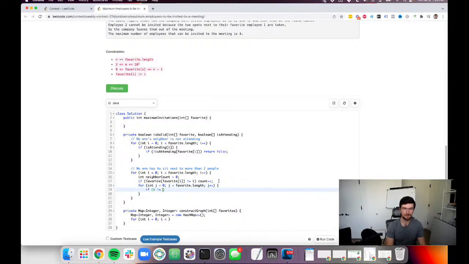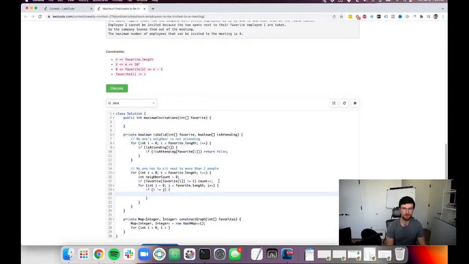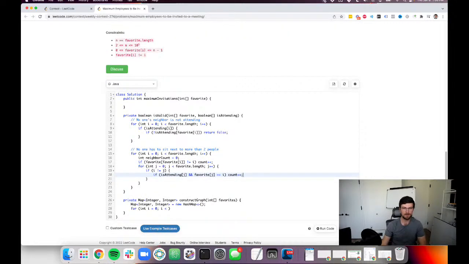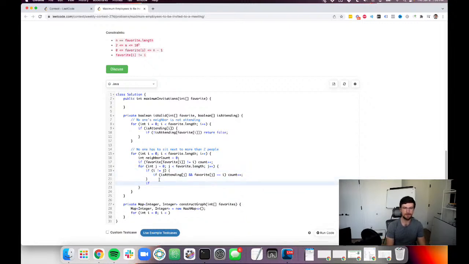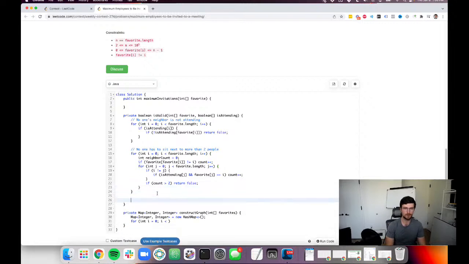If I is not equal to j, because we skip it when they're the same one, then I'm going to go through and count. Otherwise, I'm going to return true.